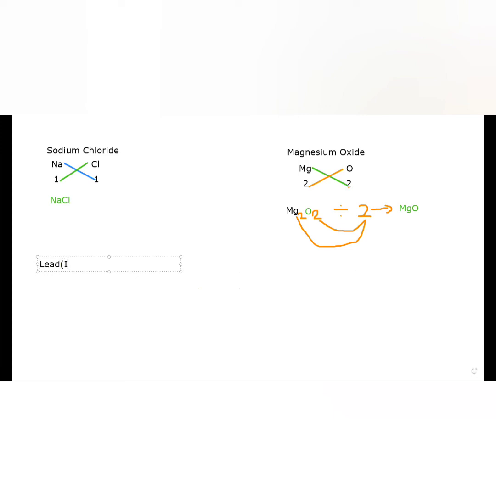Let's say I'm looking at lead chloride, and I want to write the formula of lead chloride. If they ever give you an example with the Roman numeral in a bracket like this, that is the valency. You're using that valency there. You all got me with that so far?